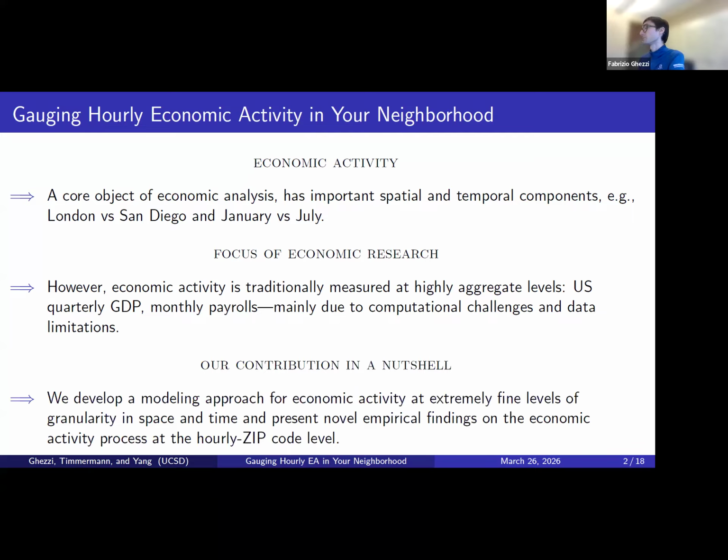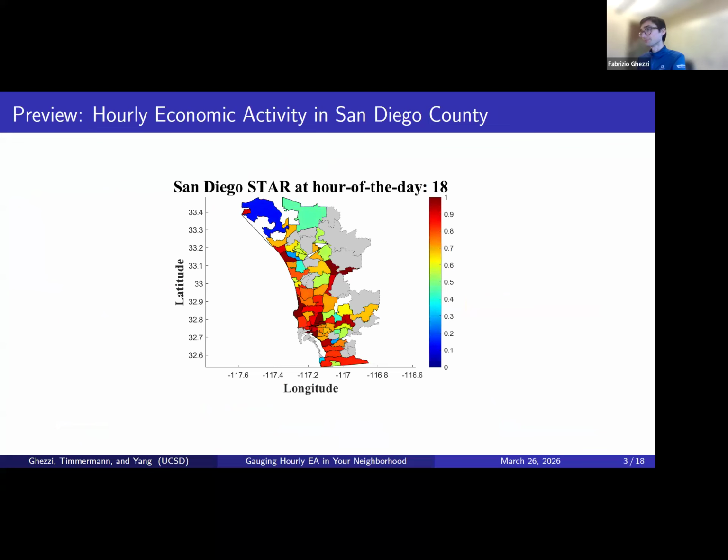So what we do in this paper is try to push the boundaries of these limitations and move towards higher granularity levels. We developed a model that allows us to measure economic activity at hourly frequency and zip code spatial level. That's basically what we do in this paper.